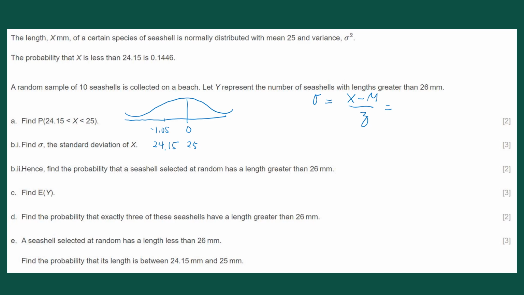So let's use 24.15 minus 25 over z, which is negative 1.0598. Now our standard deviation is equal to 0.80197892. To round it quickly, we have 0.802.